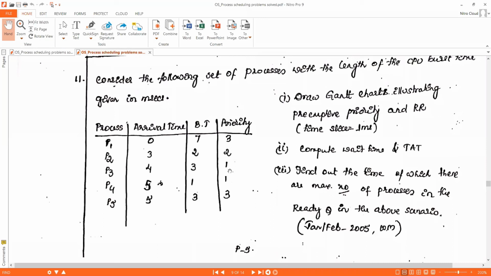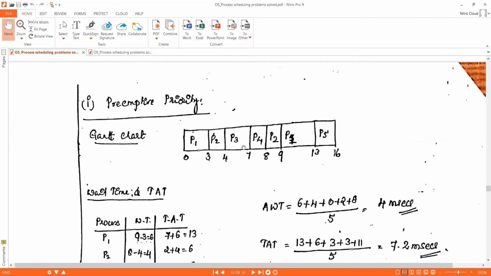Process 3's priority is higher than the process already in the CPU. So process 2 will be preempted by the operating system, and process 3 will get scheduled for the CPU. So now process 3 will start executing at clock time 4.